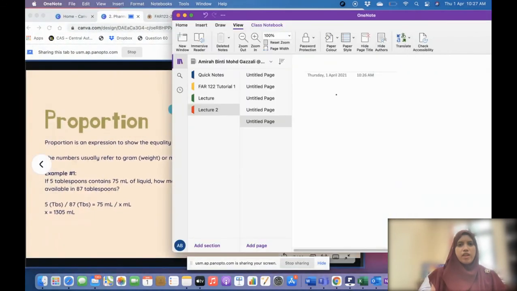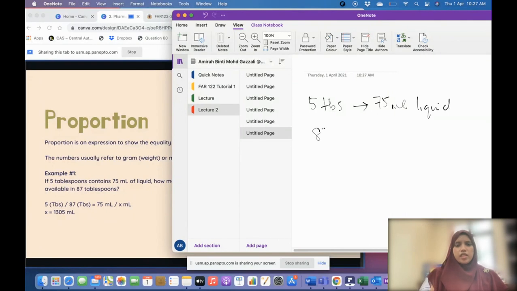Okay, so if 5 tablespoons contain 75 ml of liquid, so if you have 87 tablespoons, it should be 87 times 75 ml divided by 5. So it will be 1305 ml.